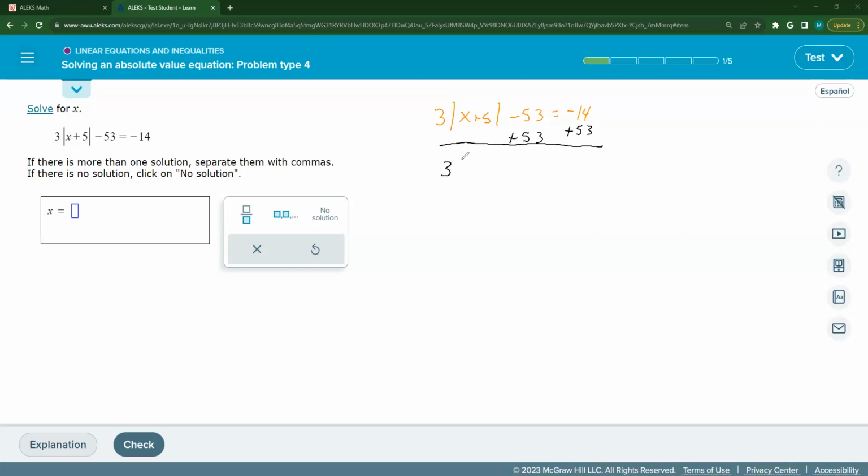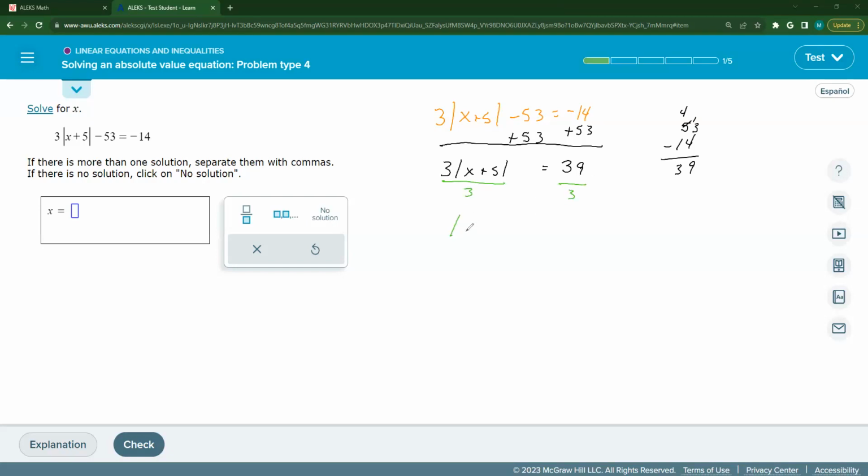So I have 3 times the absolute value of x plus 5 equals 39. That was 53 minus 14. Yep, 39. All right, and then I'm still going to get it by itself, so I'm going to divide both sides by that 3.